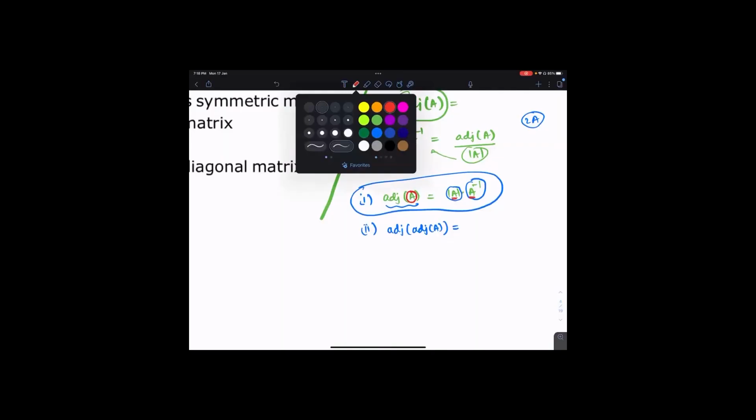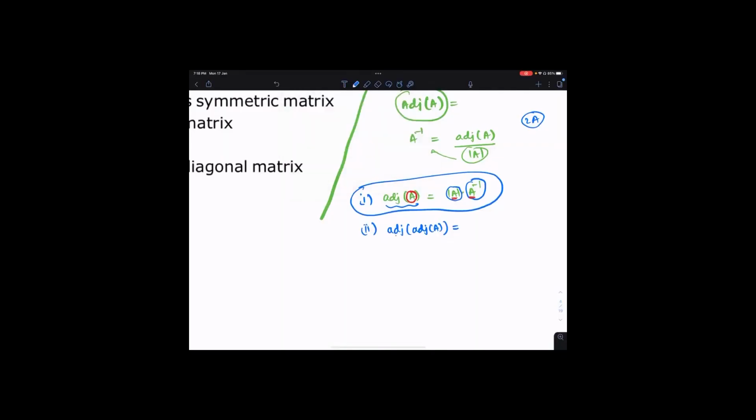Now coming to the second point, adjoint of A is a matrix. What is the inverse of adjoint of A?